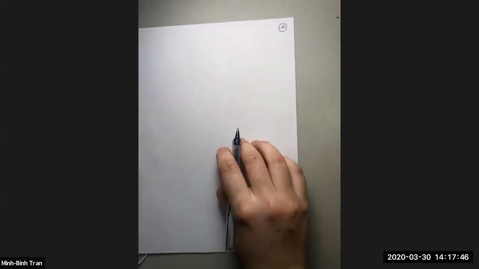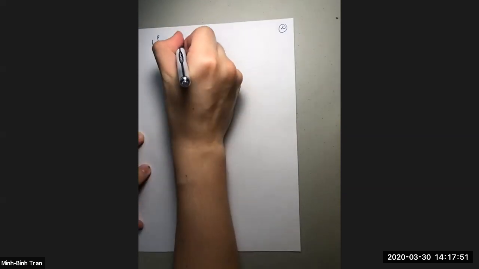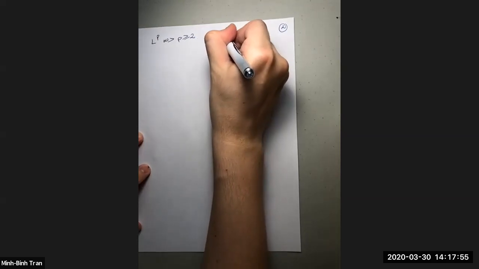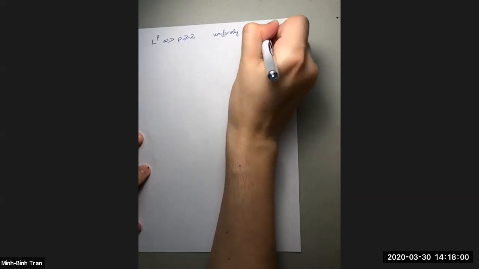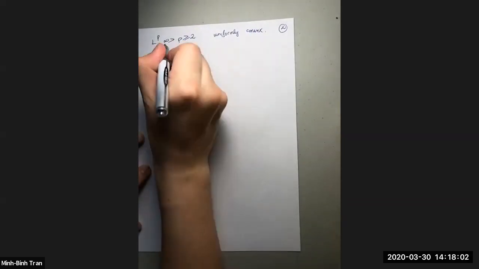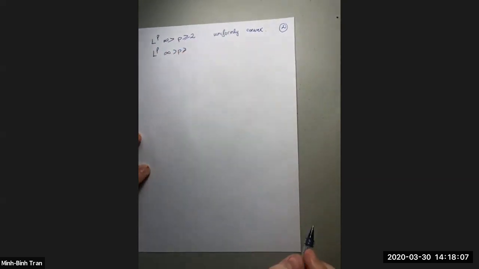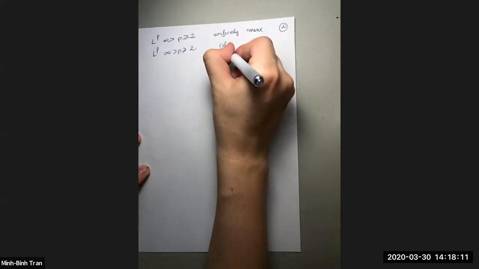Right. So now, number 2. You know that L^p for p bigger than 2 and smaller than infinity is uniformly convex. And then you also know that L^p when p is less than infinity and bigger than or equal to 2 is also reflexive.